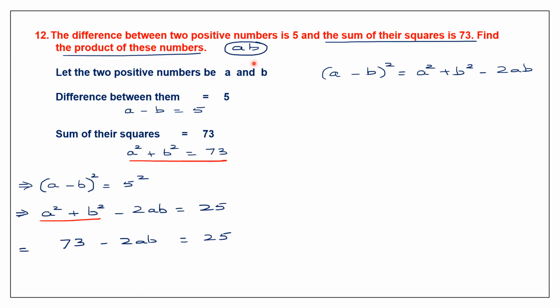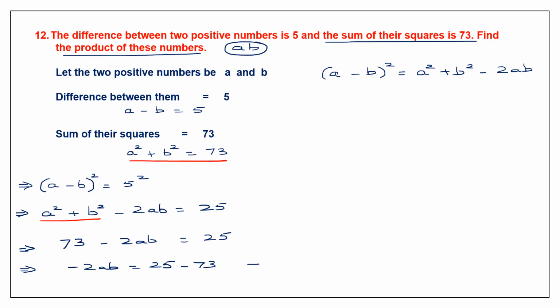Now what are we asked to find? We're asked to find ab and we have minus 2ab here. So we're going to leave that here. So that will now be minus 2ab is equal to 25, and we're going to transpose 73 to the other side. It becomes minus 73.